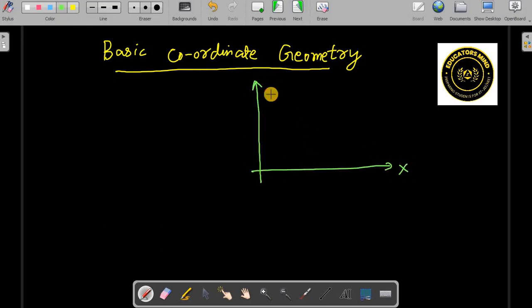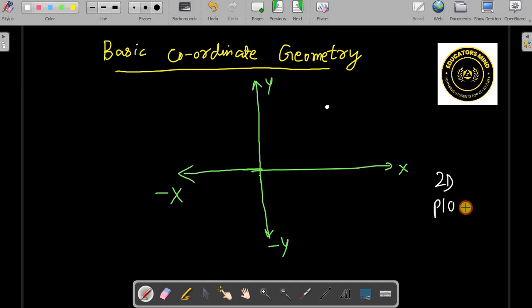So in coordinate geometry, you know there is x, y, positive, negative, right? This is negative y, this is negative x. Now if you take any point in a 2D plane, it will have an x coordinate and a y coordinate.